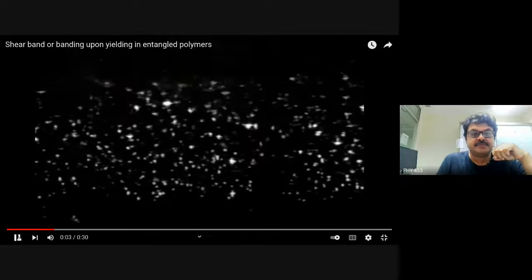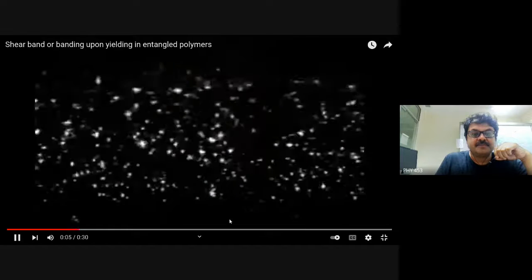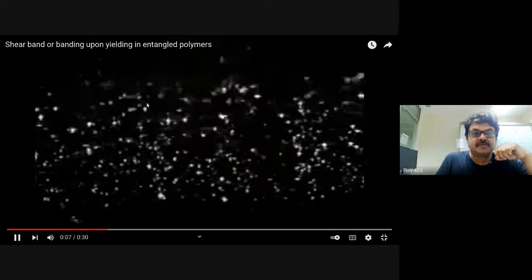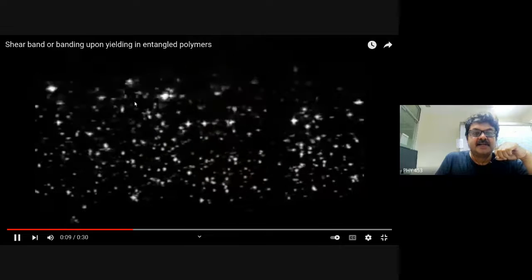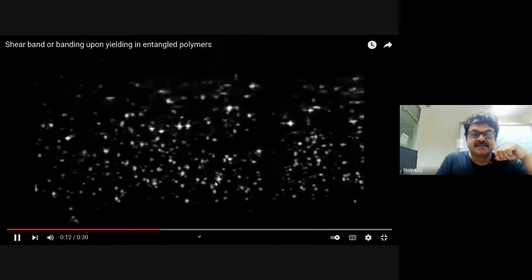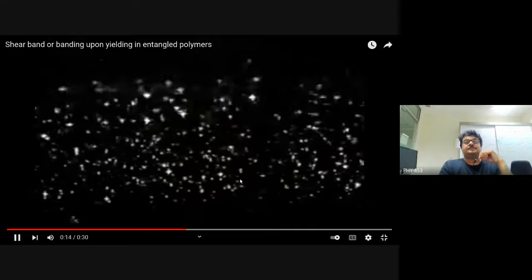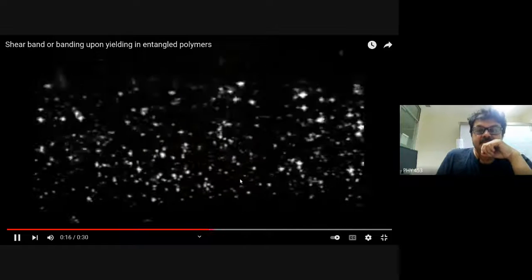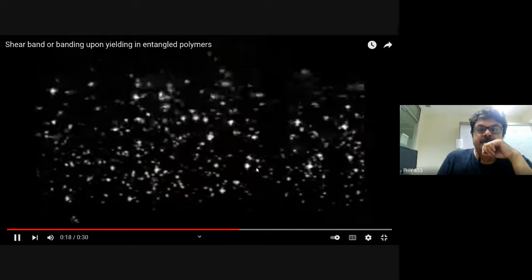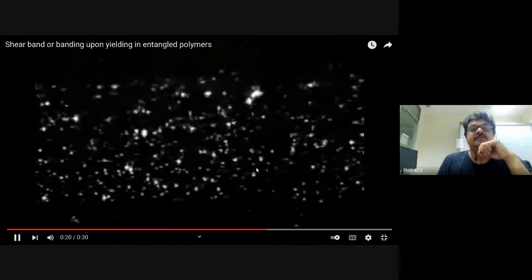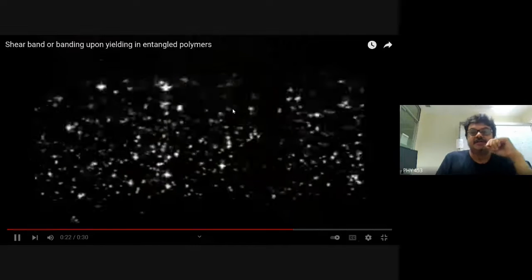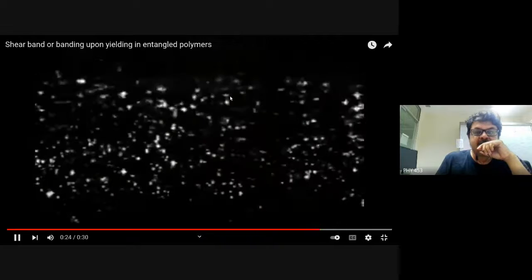So now you see it's moving, but it is broken up into two parts, and this part has a higher strain rate as compared to the flow here. So this is the phenomenon of so-called shear banding in fluids.